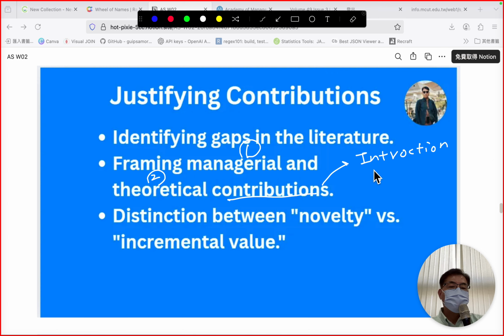But in the last section, we call it the discussion and conclusion section, we have to discuss not only the theoretical contribution, we also have to discuss the material contribution that has some meaning for the manager when they have to make decisions in the business.